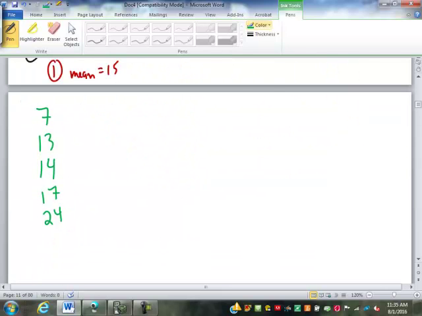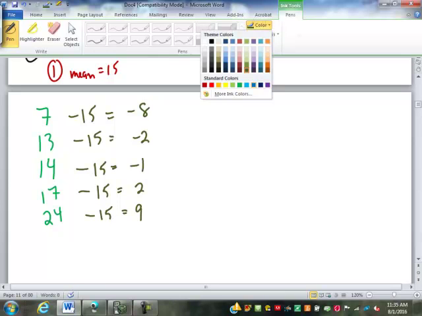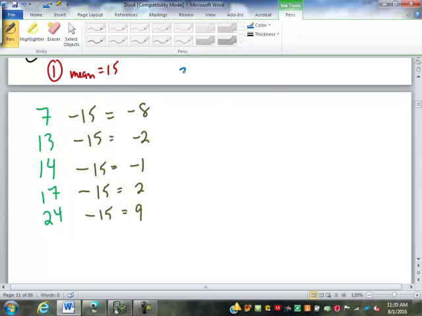We are going to subtract 15 from each. So negative 8, negative 2, negative 1, positive 2, and 9. Now again, if you wanted to double check, those should add up to 0 at this point. That's just a check to make sure we haven't screwed up early on.